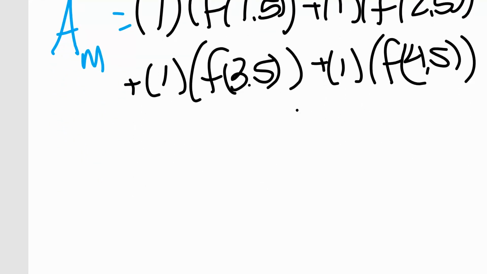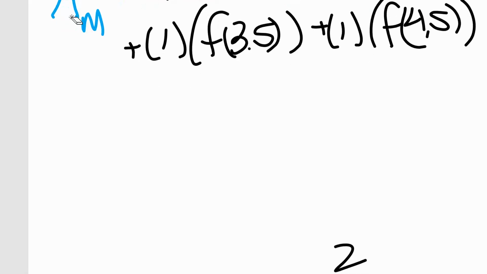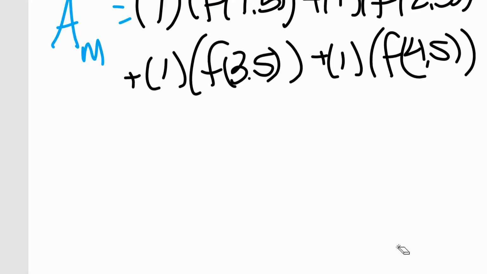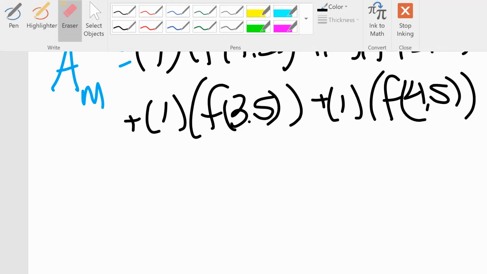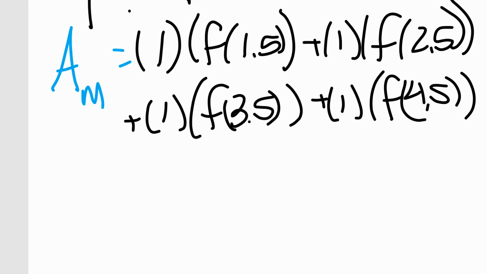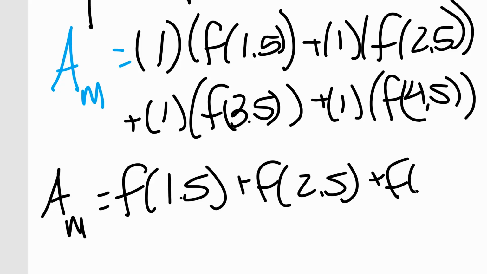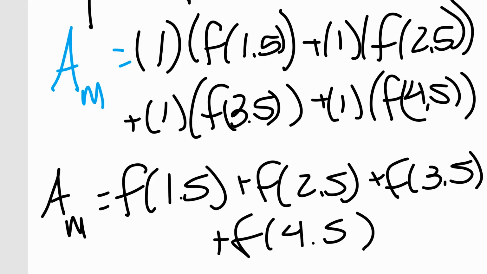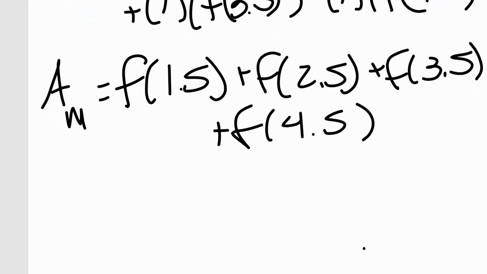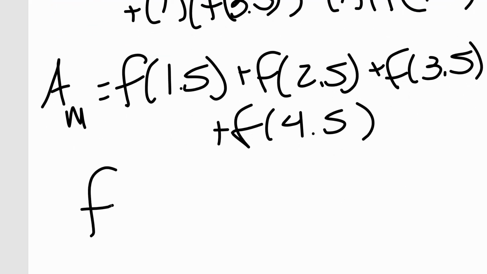So I can go ahead now and find these values and evaluate it. All right, so the area of the mid-sums is going to be just f of 1.5 plus f of 2.5 plus f of 3.5 plus f of 4.5. So I'm going to plug those values into my original function and add them up. Remember, my original function is x squared.